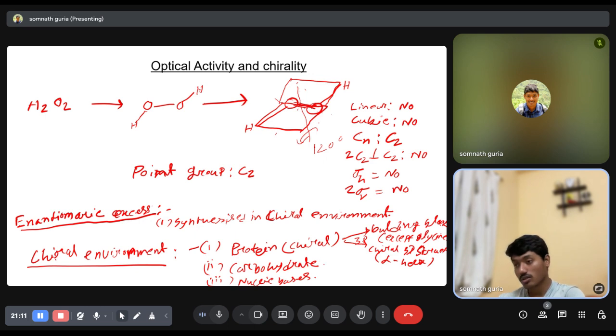Carbohydrate, we know that D-glucose is a chiral molecule. The nucleic acids, RNA and DNA, have a helical structure.